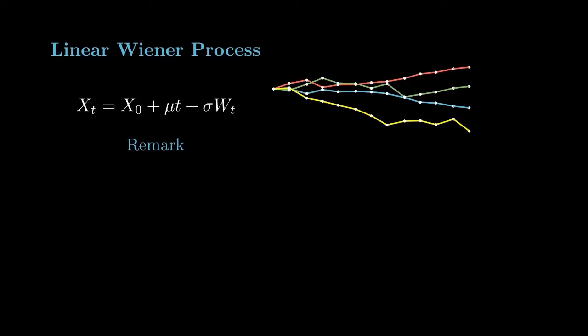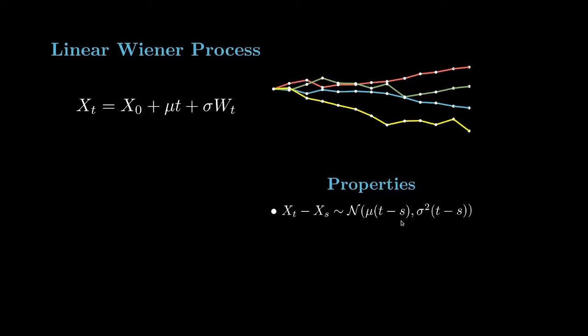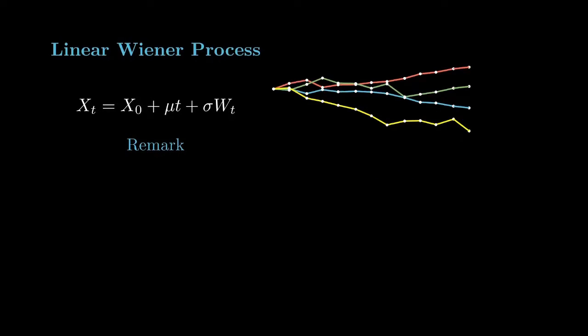Remark that the difference delta x for linear Wiener process is given by this expression.